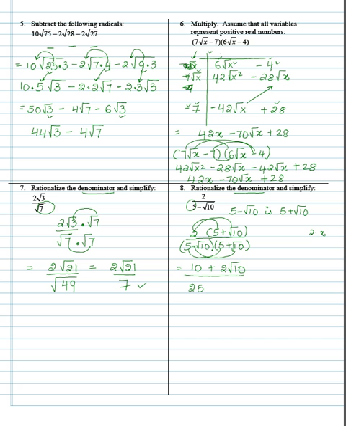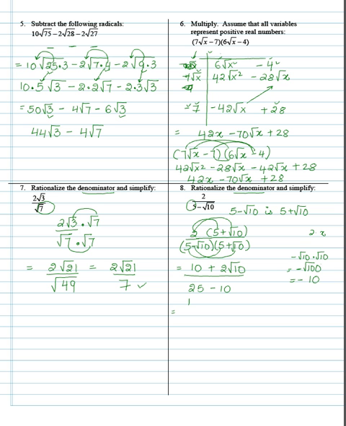Second and second: negative radical 10 times radical 10 is negative radical 100, which is negative 10, because the square root of 100 is 10.